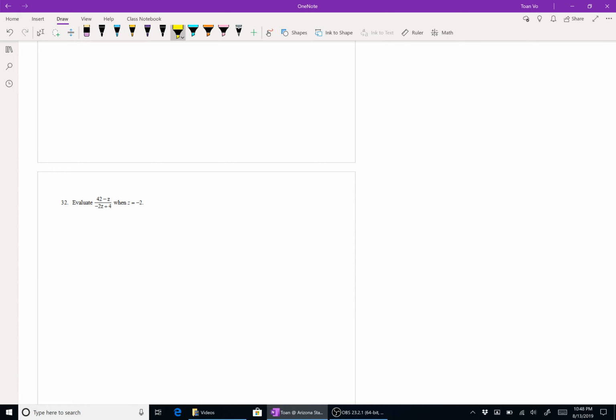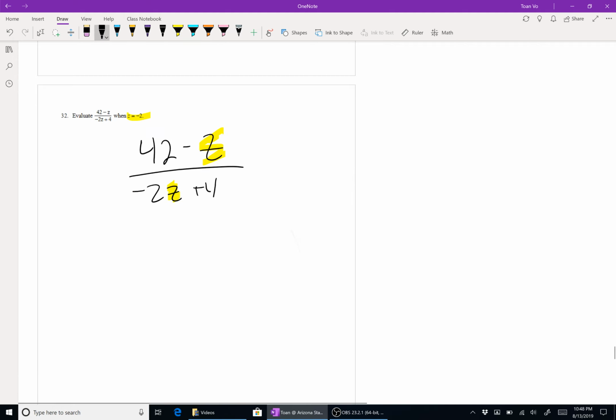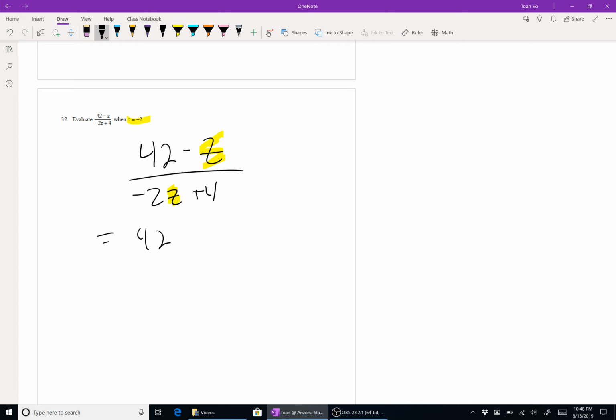More evaluations. Wherever you see a z, change it to a -2. So 42 minus z over -2z plus 4. I see z's here and here. Use parentheses whenever you substitute. So that's 42 minus, notice I use parentheses when I substitute, negative 2 times negative 2 plus 4.